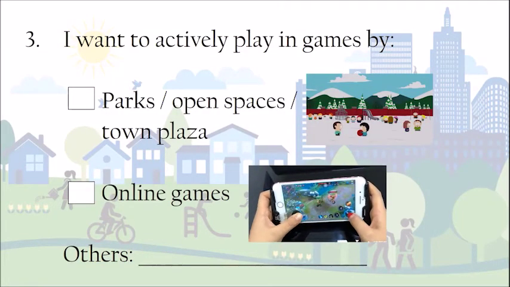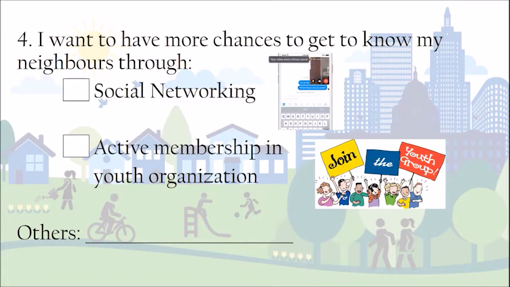I want to actively play in games by parks, open spaces, town plaza, or online games. Number 4. I want to have more chances to get to know my neighbors through social networking or active membership in youth organization.